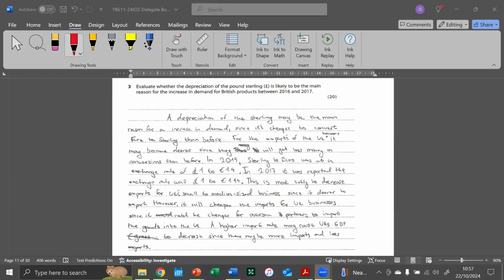Final paragraph, conclusion. I cannot just do a conclusion that repeats what I've already written in paragraph 3 and paragraph 5, the evaluation. I've got to bring some new material to the table because that final paragraph, after boring the examiner for 3.5, 4 pages, is the last thing they read before they go to the mark scheme.